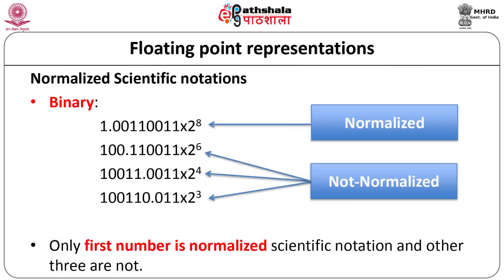Similarly, in binary, one can write the numbers in scientific notations as 1.00110011 into 2 raised to 8, 100.110011 into 2 raised to 6, 10011.0011 into 2 raised to 4, or 100110.011 into 2 raised to 3. Out of these 4 examples, only first number is normalized scientific notation and other 3 are not.